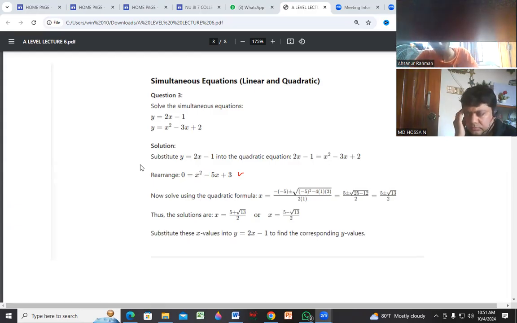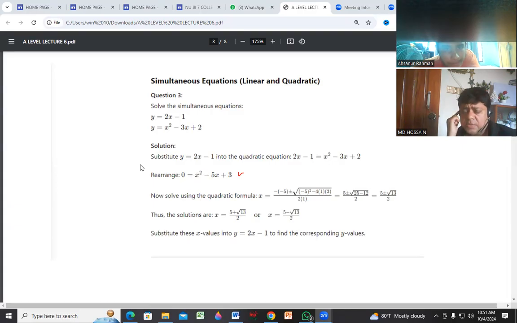Because we cannot do the middle term factor, we can do it through the quadratic equation formula, minus b plus minus root of b squared minus 4ac divided by twice a. Why?